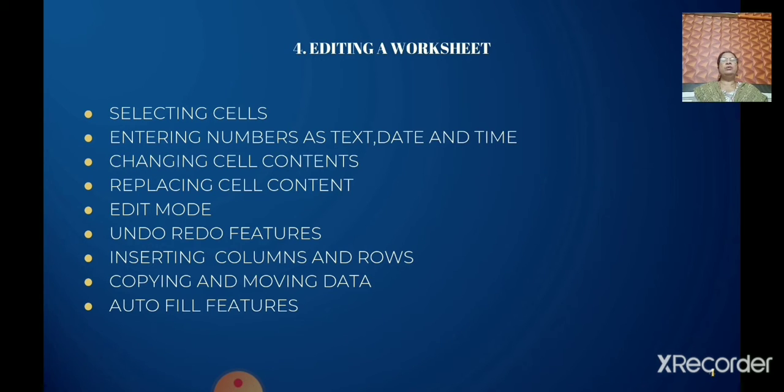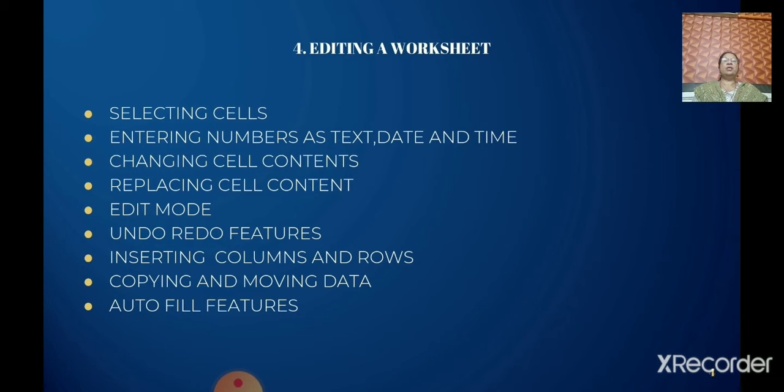Remember, for adjacent rows or columns use Shift, but for non-adjacent cells use Control. Click on the row or column, then hold down the Control key.